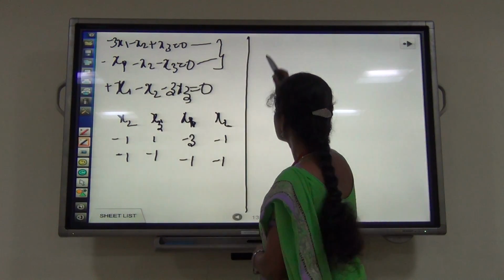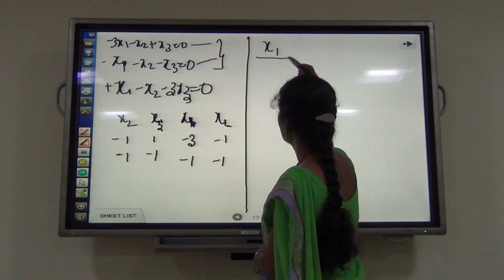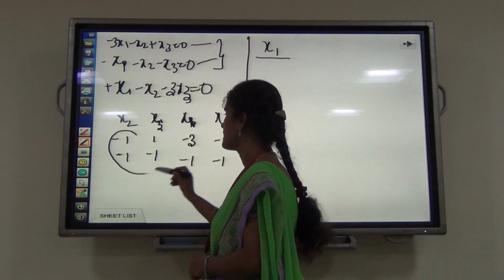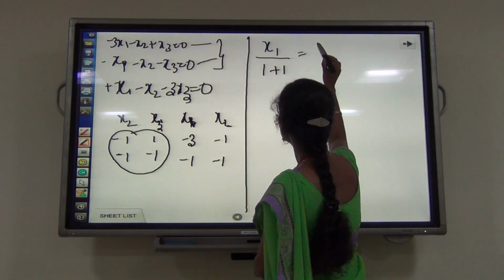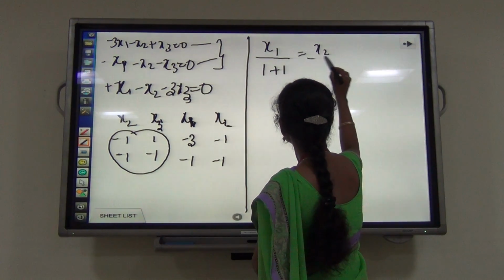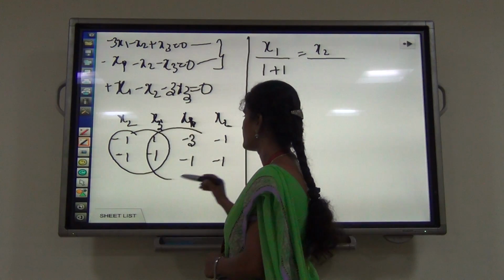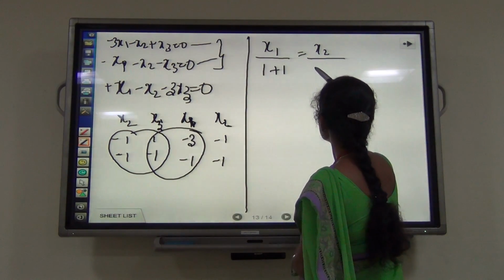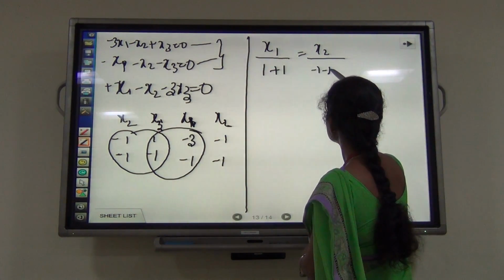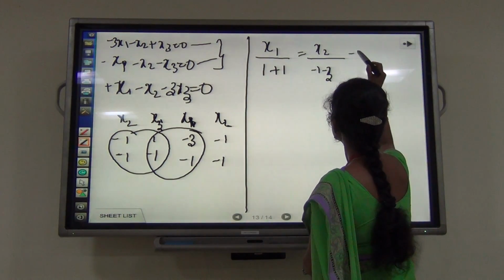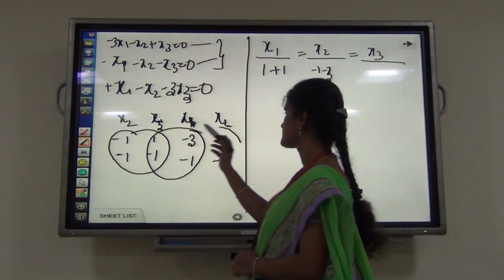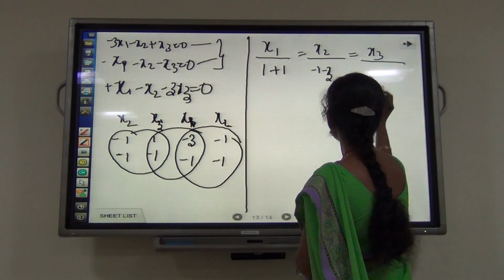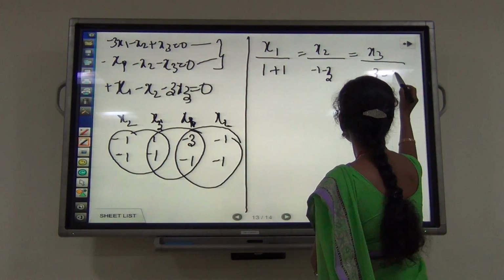We get the value of x1 by finding the determinant of this one, x2 by the determinant of this, it is minus 1, minus 3, and the determinant of the last part, it is 3, minus 1.